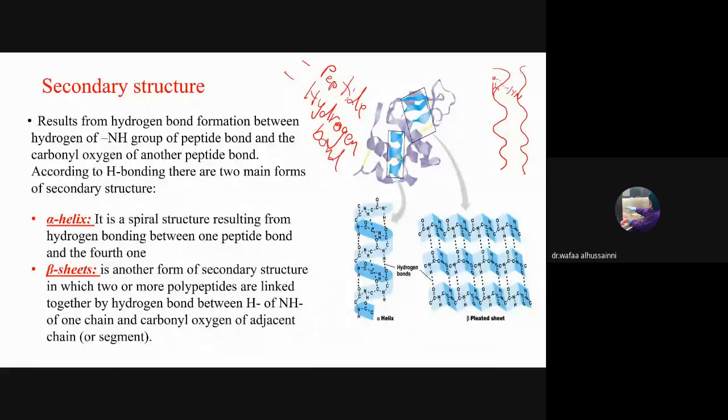So the peptide bond made up the primary structure, and when it wanted to become a secondary structure, it had to have a hydrogen bond so it can maintain a stable shape.